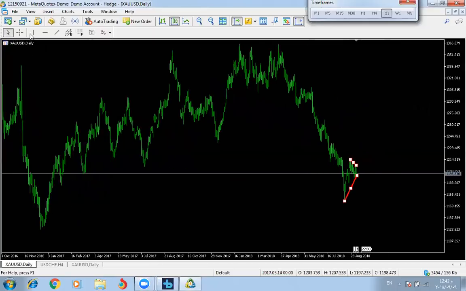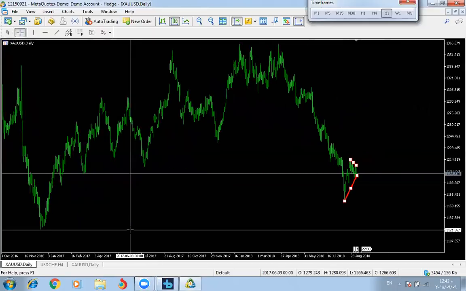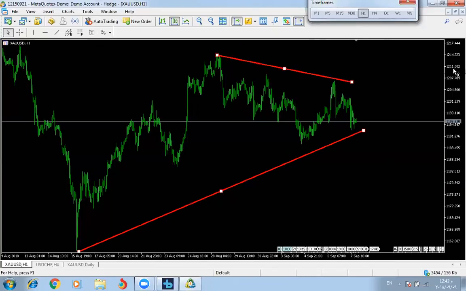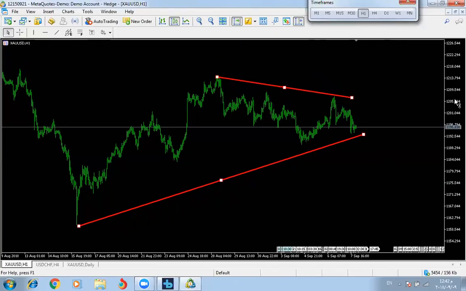Once we break the bottom of this historical low for gold, we will go into more detail about the alternative count. But both counts at this moment, the alternative and the main count, suit our trades for the next 2 to 3 weeks.